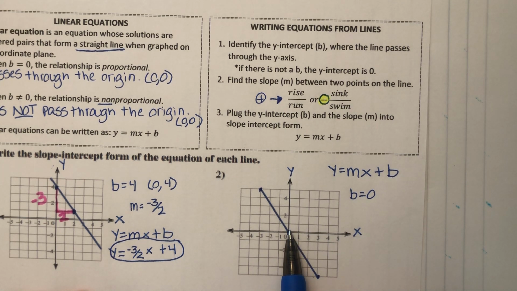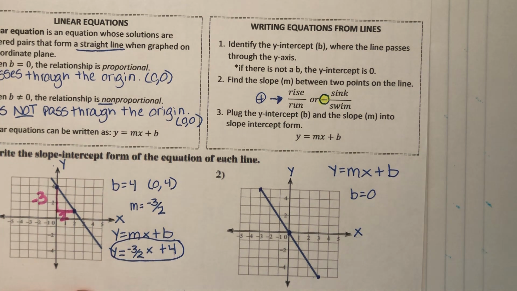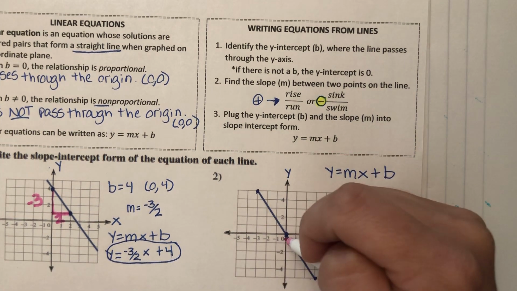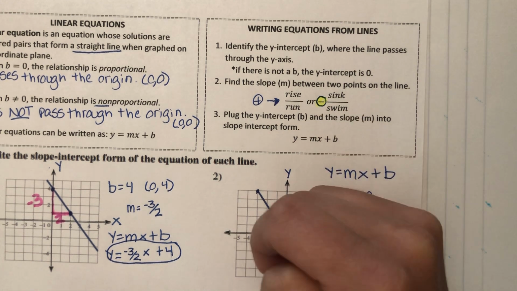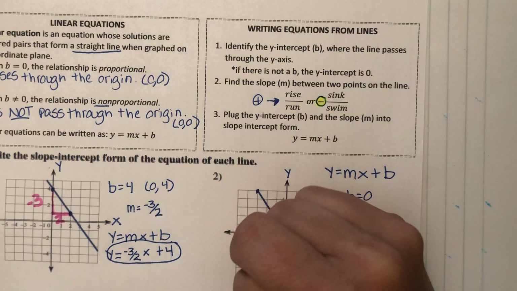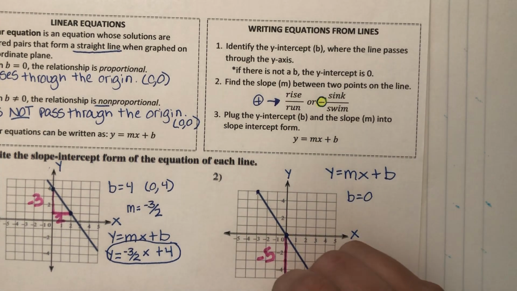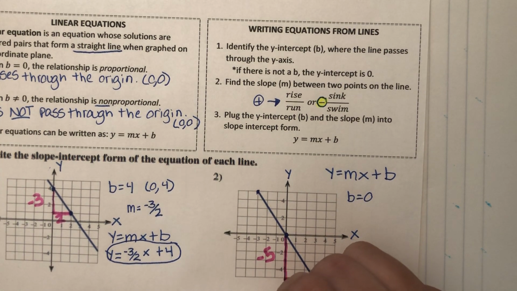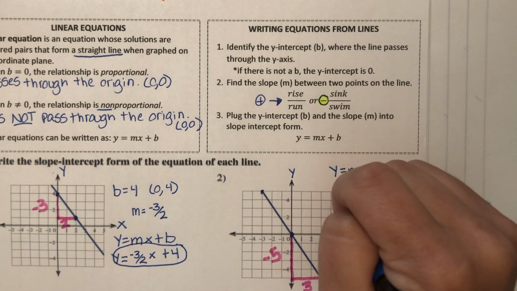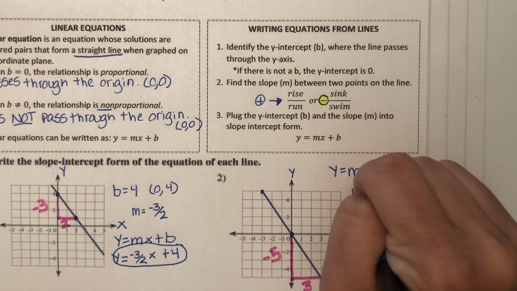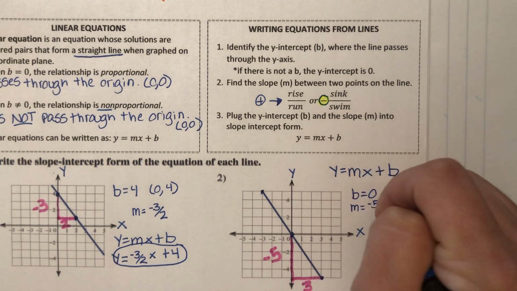And I'm going to calculate the sink over the swim. So how many units down and how many units right? I'm going 1, 2, 3, 4, 5 units down. When you go down, that's negative. So -5. And then I'm going to the right 3. That's a +3 when you go to the right. So the slope for this is -5 over 3.